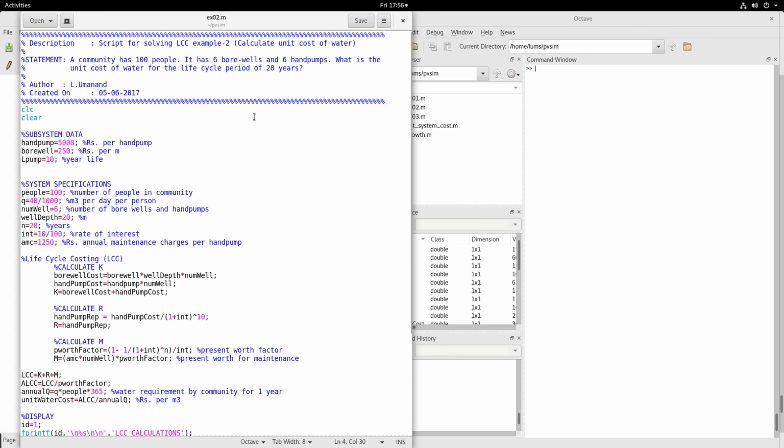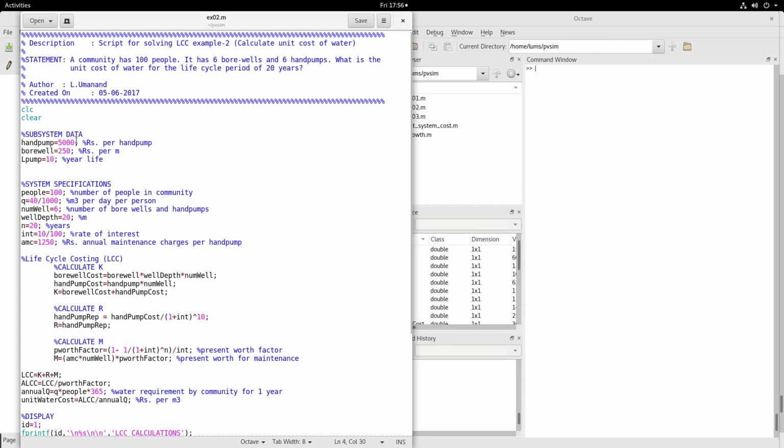I have here for you a script file, ex02.m. This is the script for solving the LCC example 2, calculation of the unit cost of water. A community has 100 people, it has 6 borewells, 6 hand pumps. What is the unit cost of the water for a life cycle period of 20 years? Data is given.